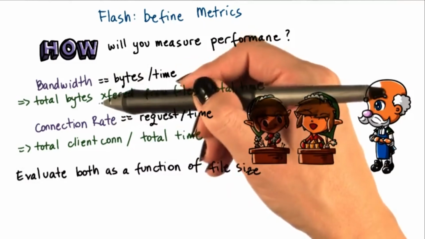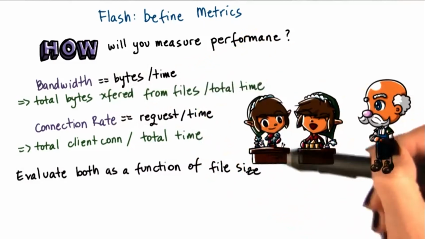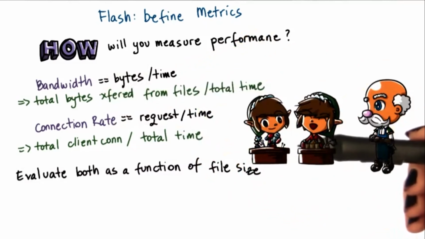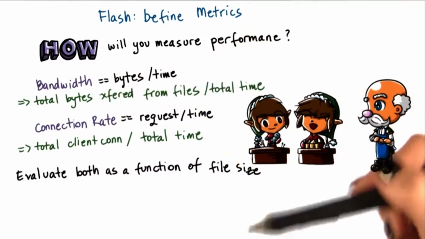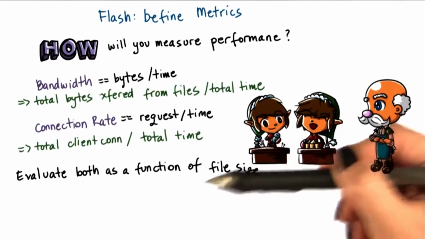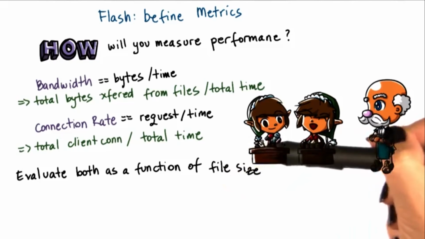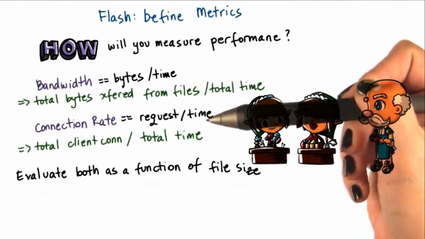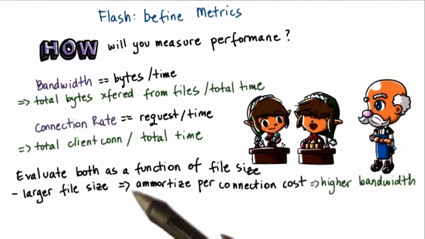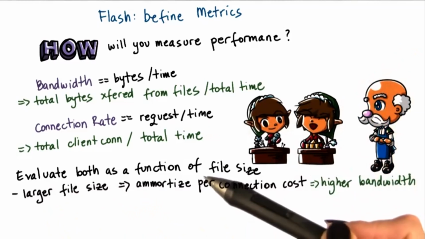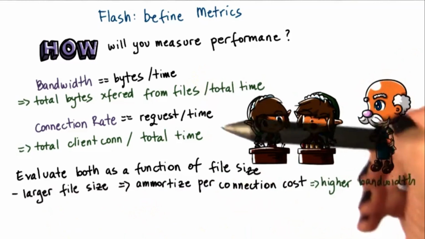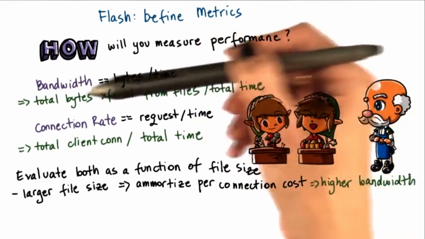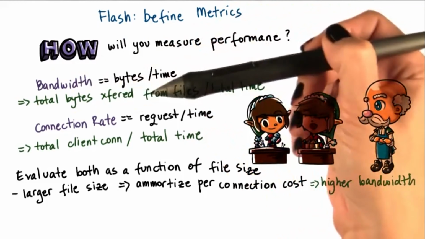Both of these metrics were evaluated as a function of the file size. So the understanding they were trying to gain was, how does the workload property of requests that are made for different file sizes impact either one of these metrics? The intuition is that with a larger file size, the connection cost can be amortized, and at the same time you can push out more bytes, so you can basically obtain higher bandwidth.